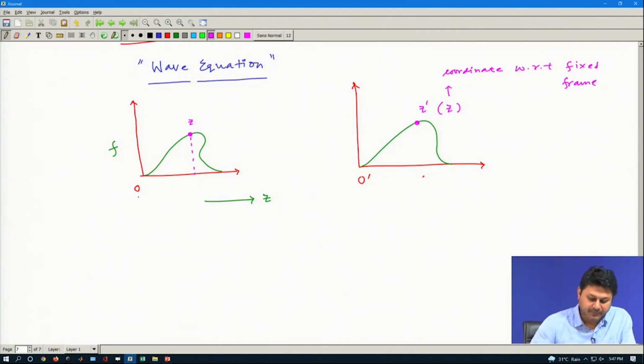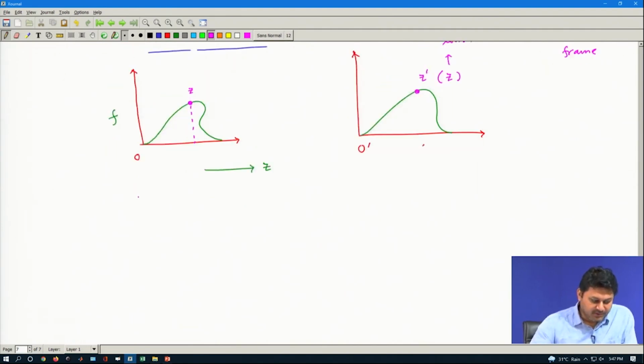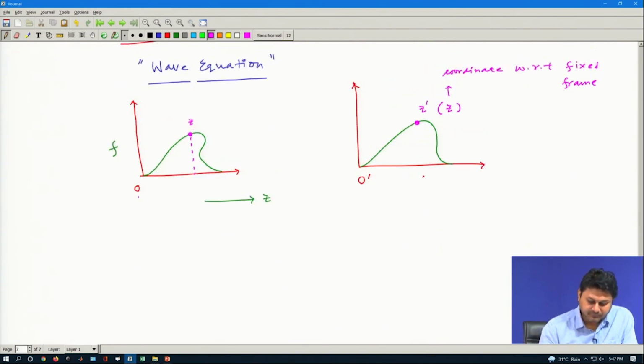Now let us try to understand how the coordinates are related.